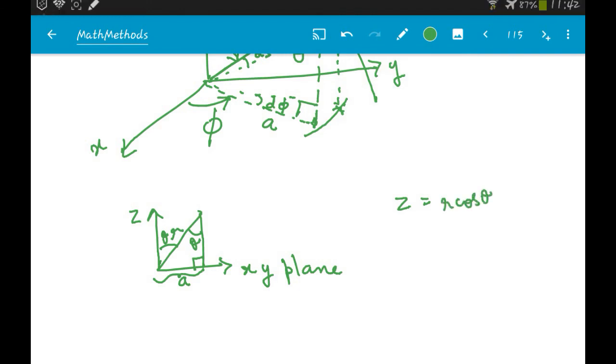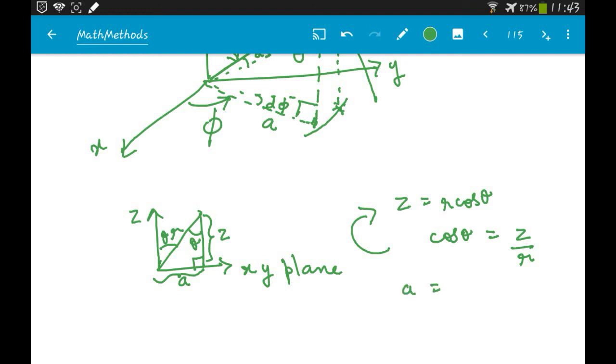How are we getting that? Let's call this z. Cos theta is nothing but z by r, because it's adjacent by hypotenuse. So z is equal to r cos theta, and we have A is equal to r sine theta.